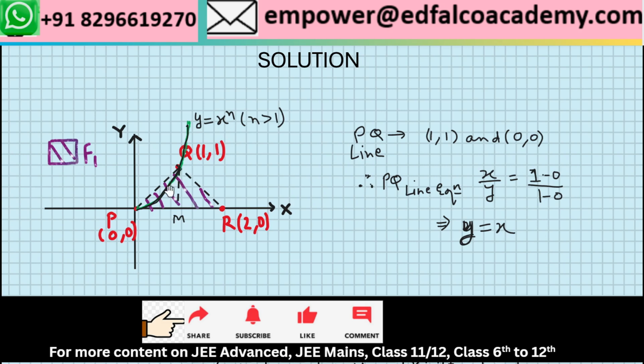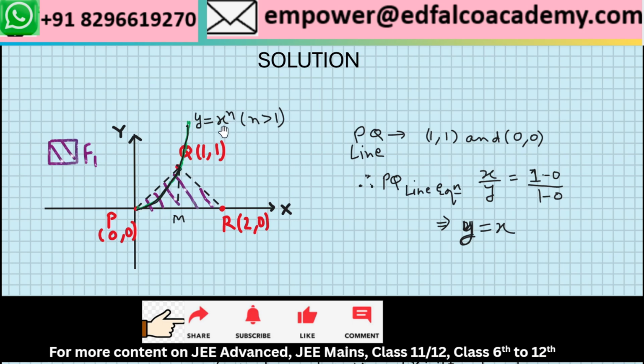Obviously, this curve passes through (0,0) because 0 = 0^n, and also it passes through (1,1) because 1 = 1^n, right? So it will pass through both of these points P and Q. But the important thing to understand is that all the curves with n greater than 1 lie below this line PQ, right?